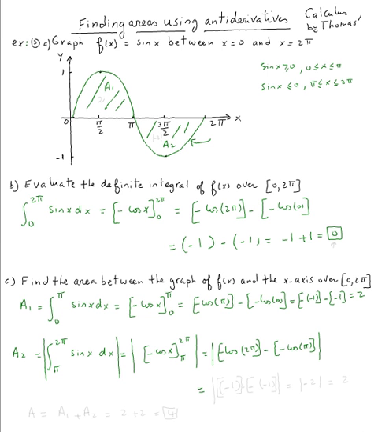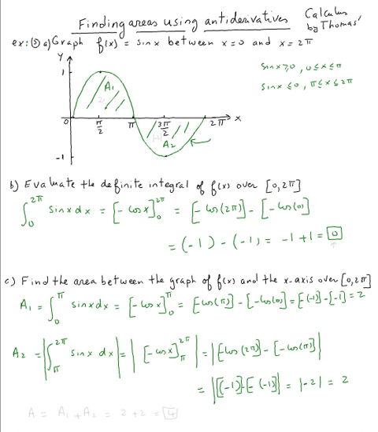Cosine of 2 pi is 1, so that would be minus 1, minus, and cosine of pi is negative 1, so minus negative 1... the inside, if you do all the inside, is going to be minus 2, but the absolute value of negative 2 is 2.